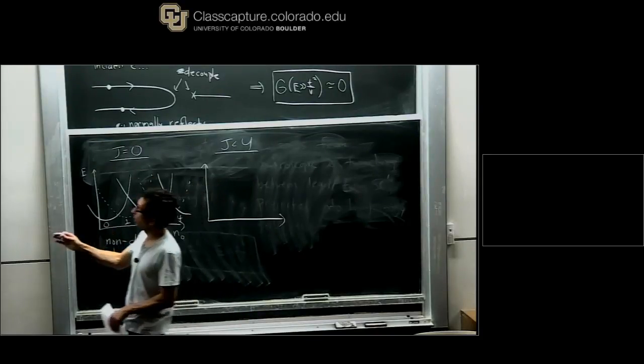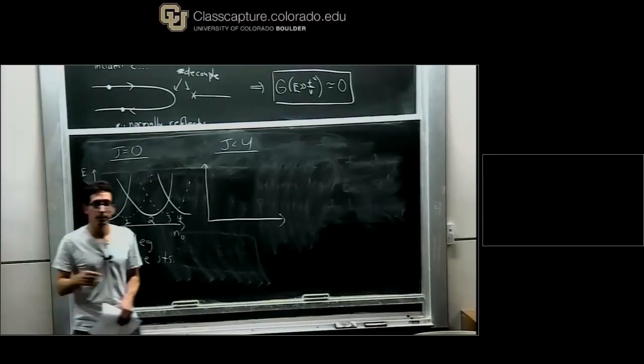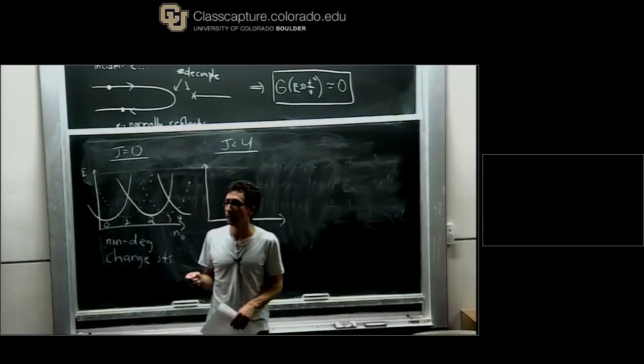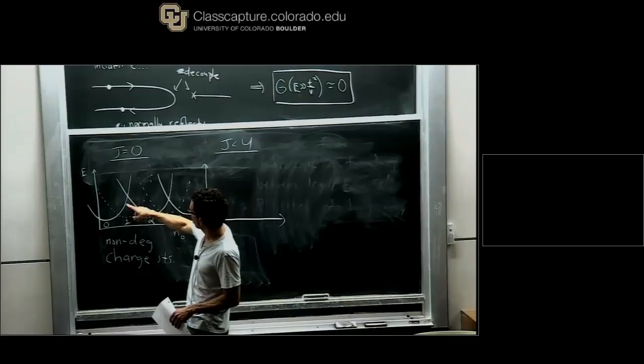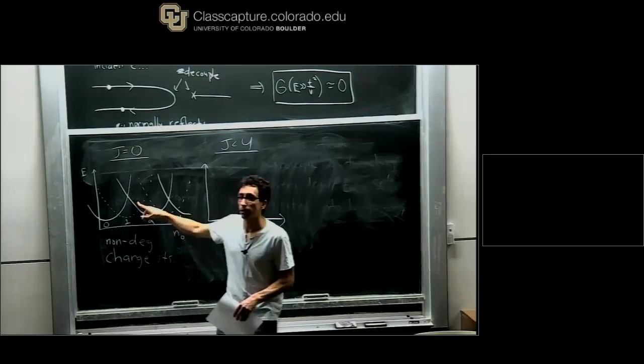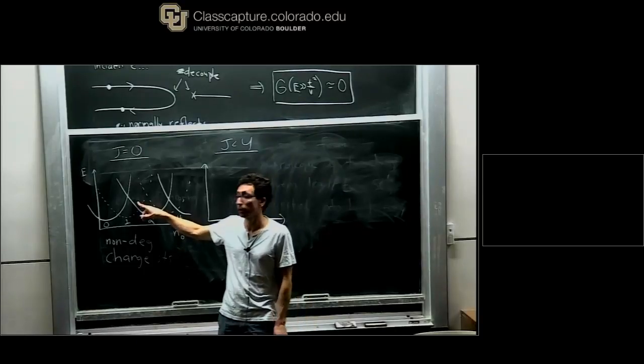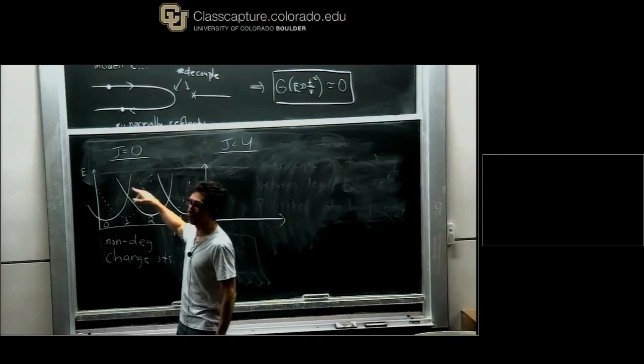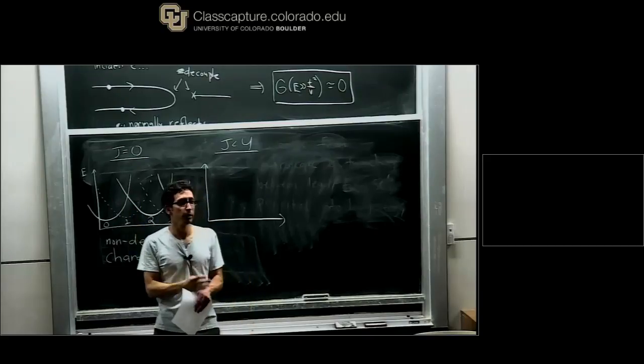That cosine mixes states with the same fermion parity, right? So for example, states with charge equals 0 and charge equals 2 will be mixed in response to that cosine delta phi piece.